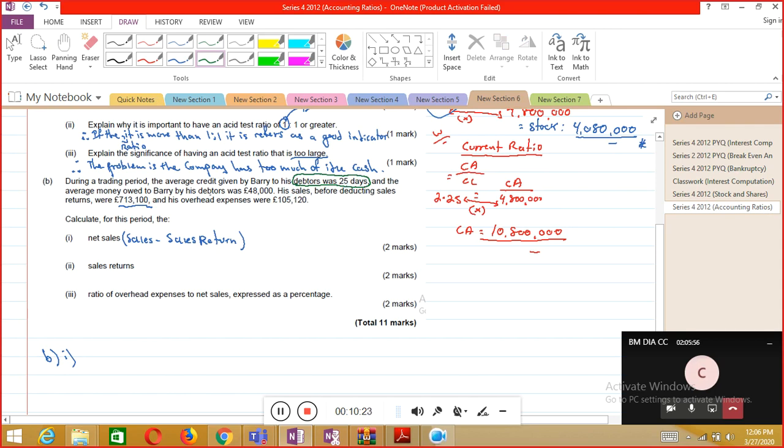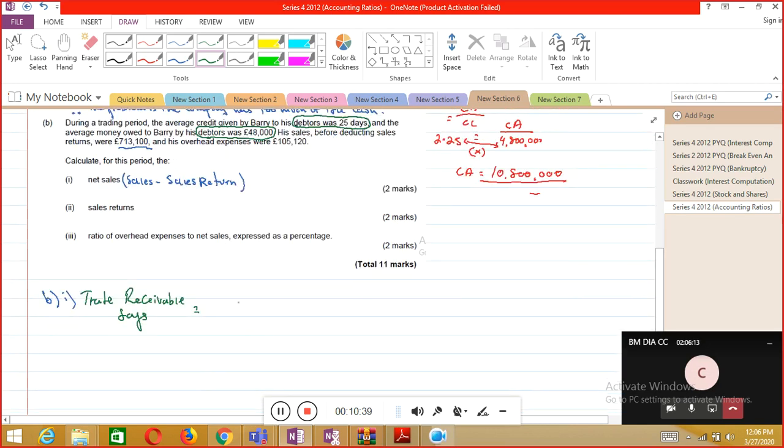And then they gave you the debtor balance, 48,000. So in other words, over here you need to use the trade receivable days formula to find the net sales, because in the formula you take average trade receivable balance divided by net sales times 365 days.